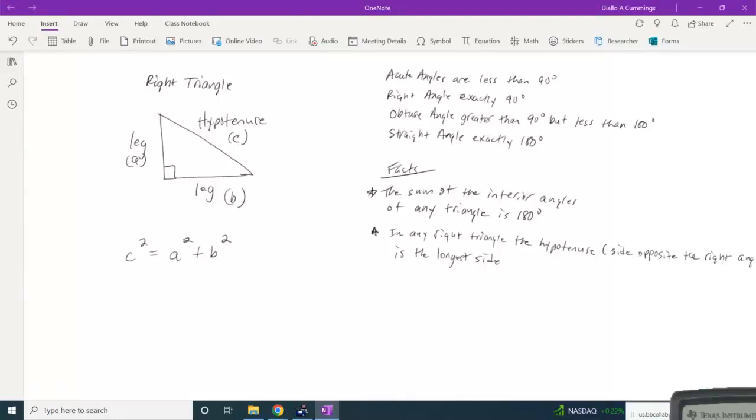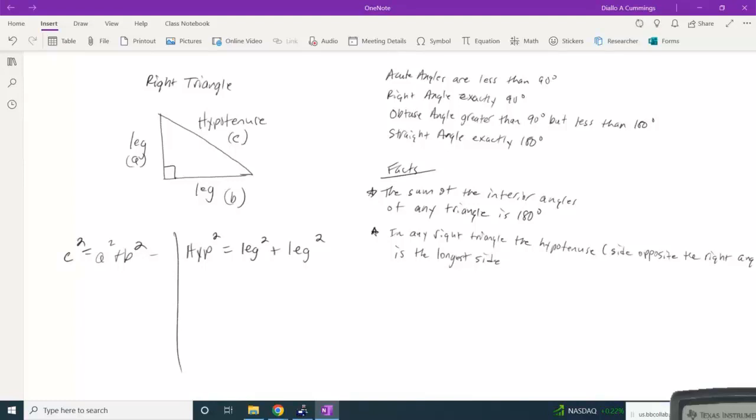I'm actually going to write this out 2 ways. C squared is equal to A squared plus B squared. But if you're dealing with hypotenuse, leg, and leg, it's going to be hypotenuse squared is equal to 1 leg squared plus the other leg squared.